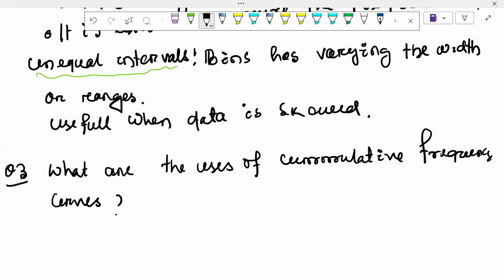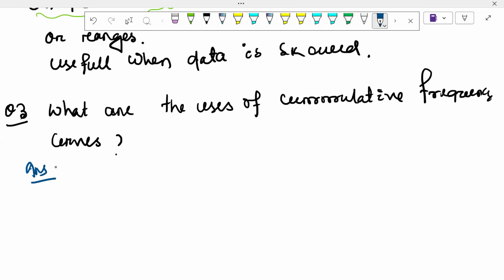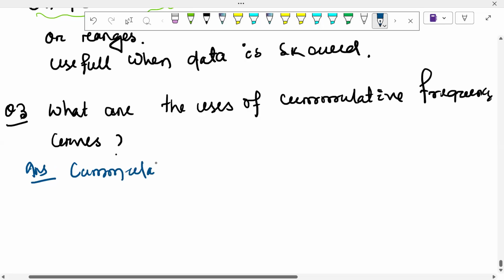Okay, coming to the answer of the cumulative frequency. Let us see what the uses are.